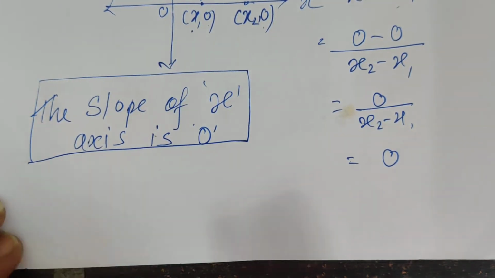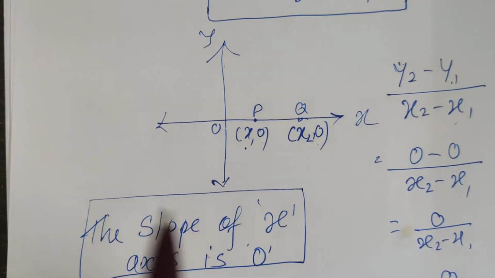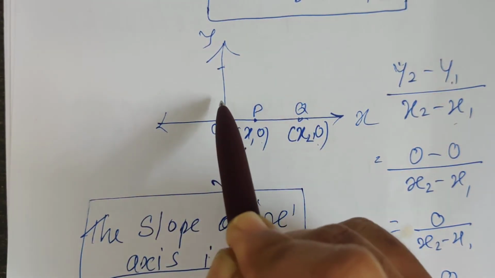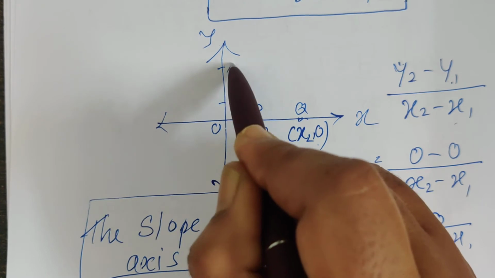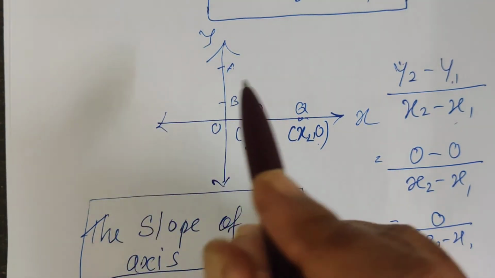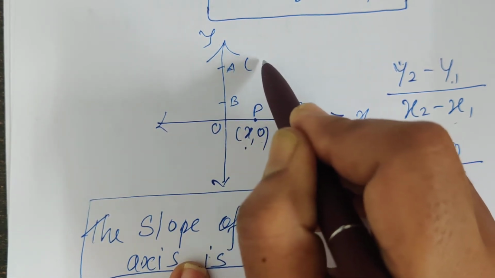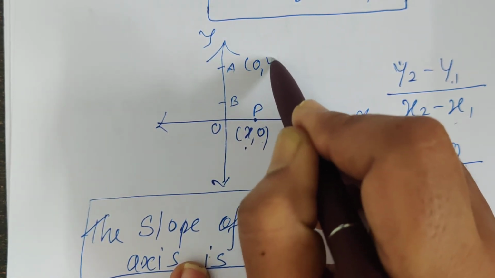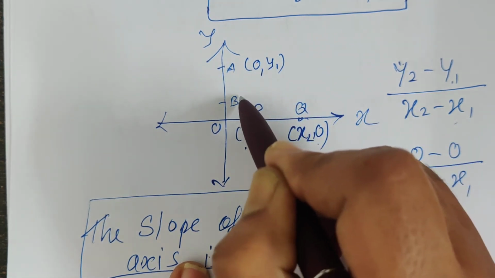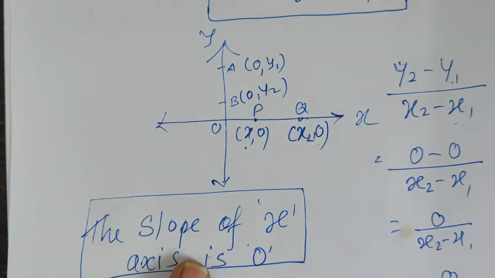Now the same diagram I will explain you here. Suppose the points are on the y-axis, suppose point A and B. The coordinates of the point A: x coordinate will be 0, y coordinate will be y1. B's x coordinate is 0, y will be y2.